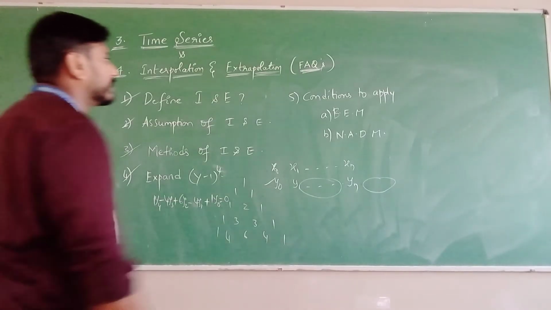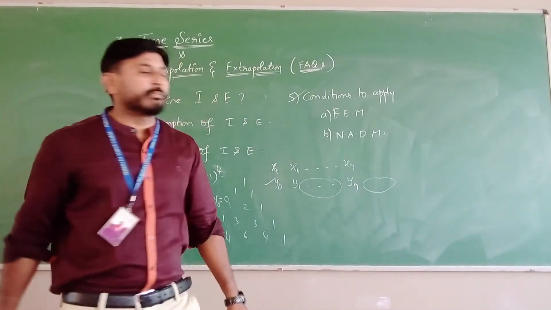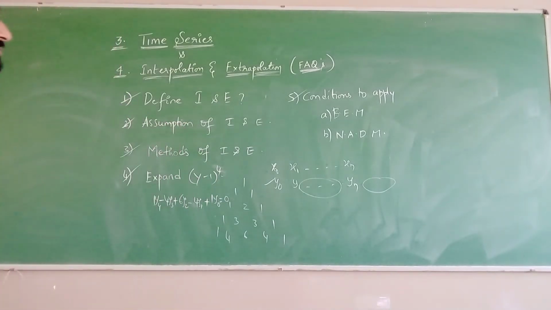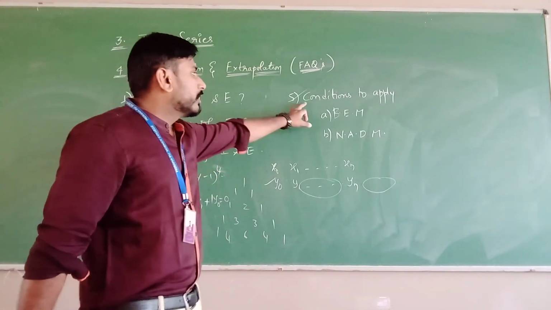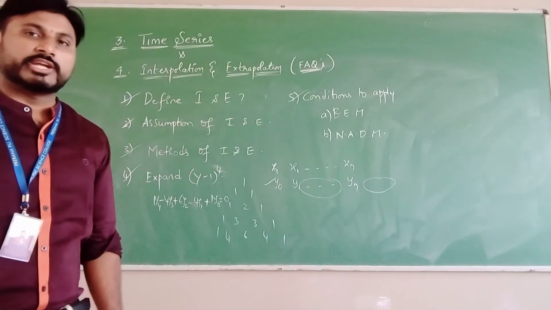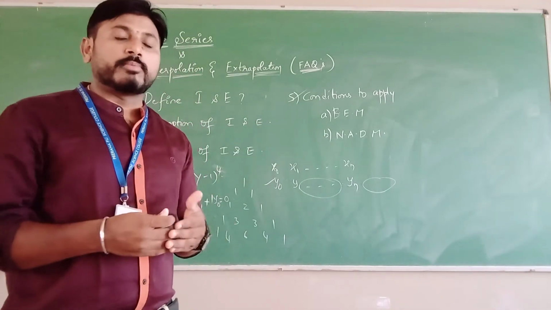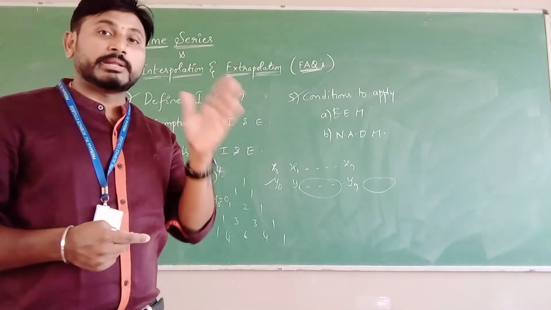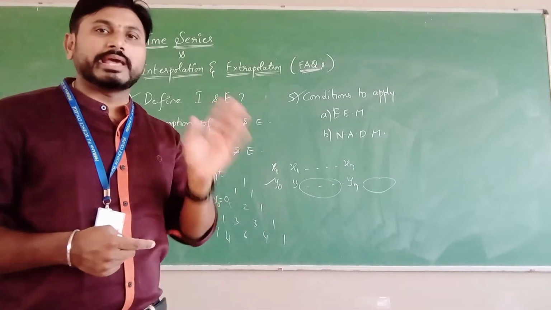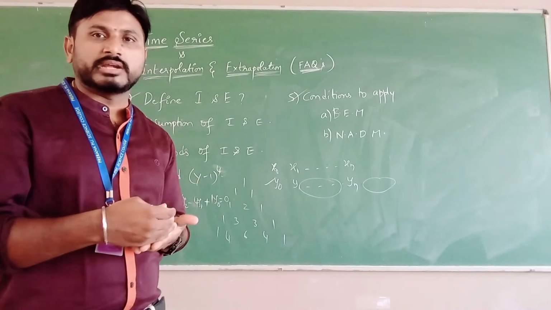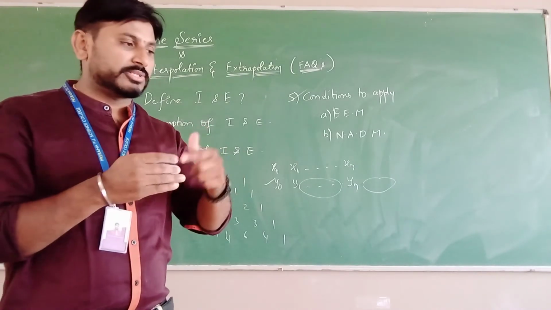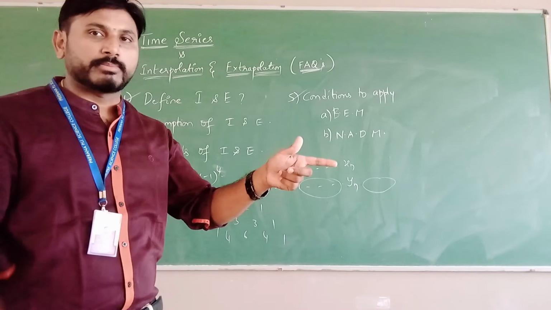Coming to the last one, conditions to be applied in the binomial expansion method as well as Newton's advancing difference method. In the binomial expansion method, what do we need to observe? There must be a common difference in the independent variable x, from one value to the other. That is condition number 1.